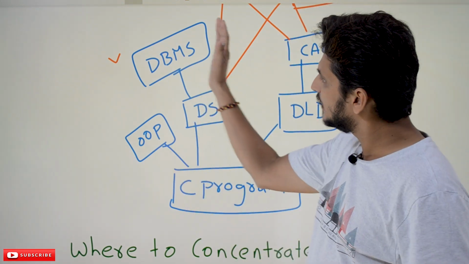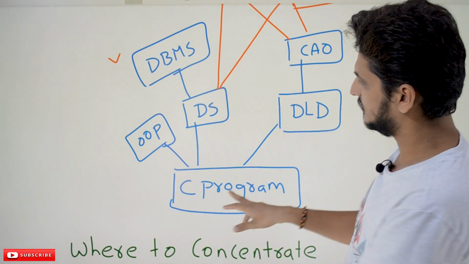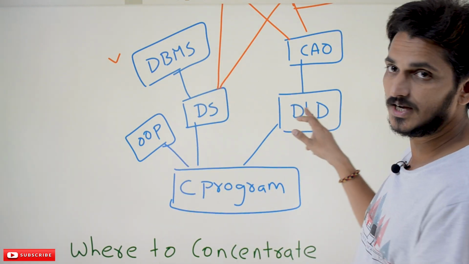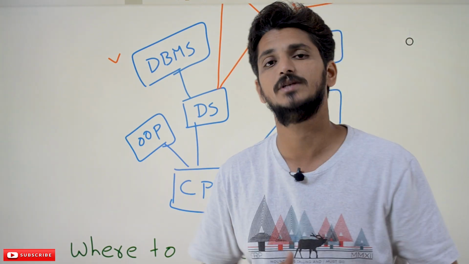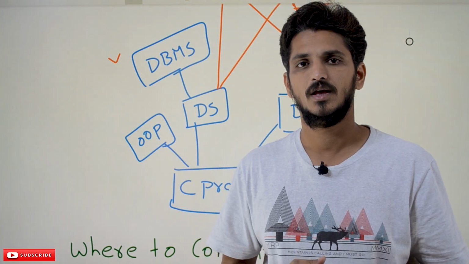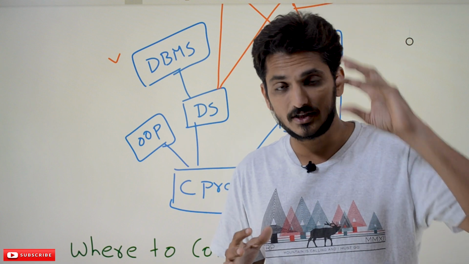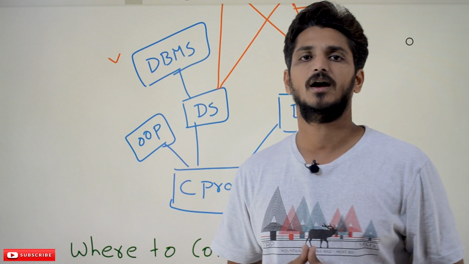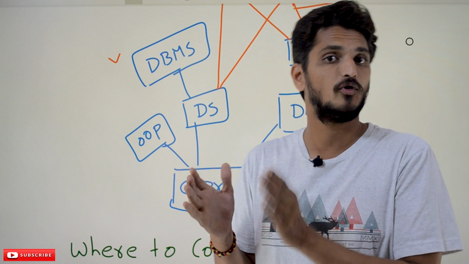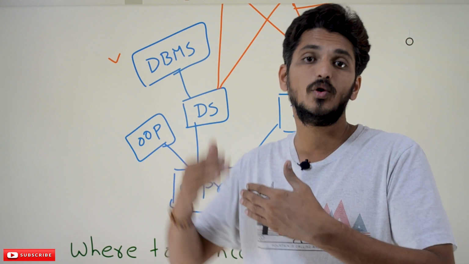It is a completely unique subject. Whatever basics you learned previously, C, OOP, DS, DLD, these concepts are not going to help you understand database management system. The logic, the way it works is completely different. So you need more focus because you are going to start a new way of concepts.